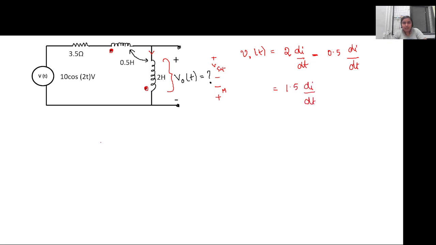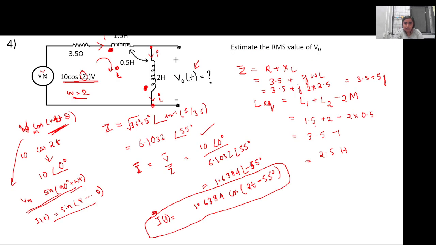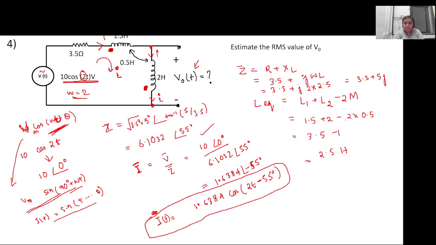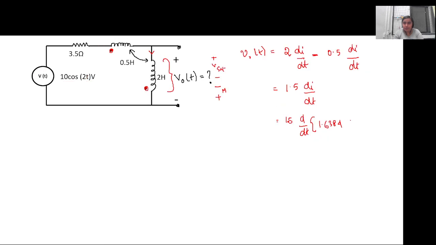Now we have the time varying i(t), right? We found it on the previous page. So 1.5 d/dt of 1.6384 cos of (2t minus 55 degree).